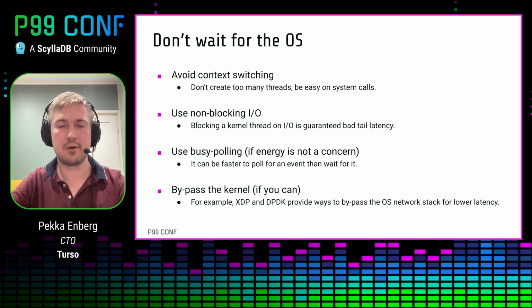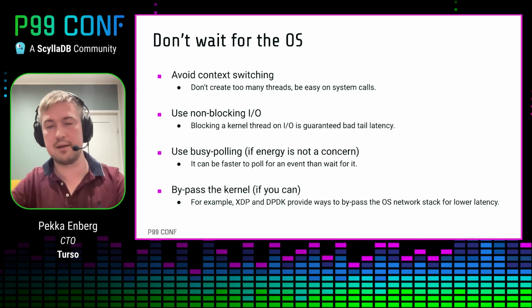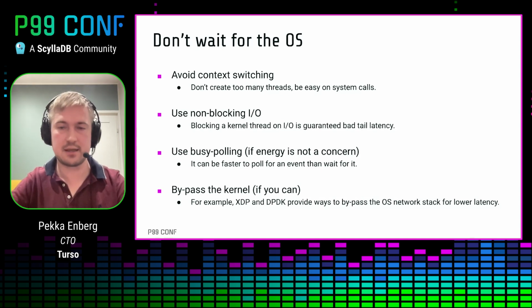Then, maybe slightly counterintuitive, but you can also use busy polling, especially if energy is not a concern, because sometimes it's faster to just poll for an event, having the CPU busy polling on something rather than waiting for it, because waiting is surprisingly expensive. It will involve context switching, it will involve the kernel scheduling and so forth.